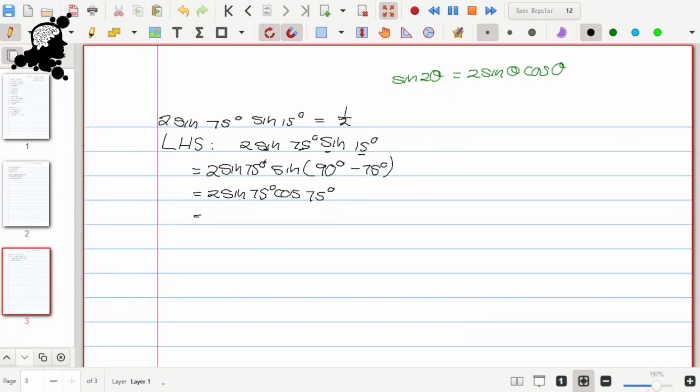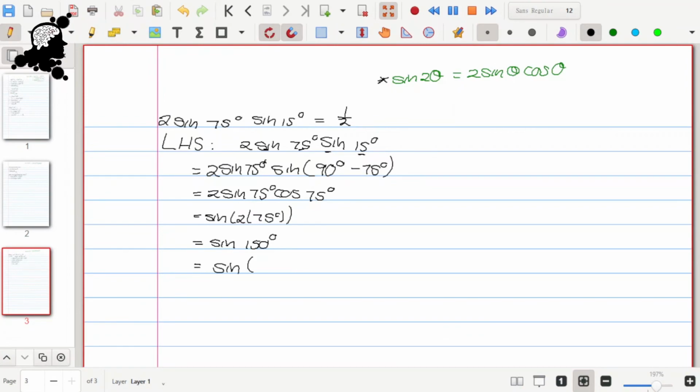This is actually the double angle identity for sine because it matches what we have up there. So I could write this as sine of 2 times 75 degrees. This gives me sine of 150 degrees. Now this angle is greater than 90 degrees, so we can do reduction.